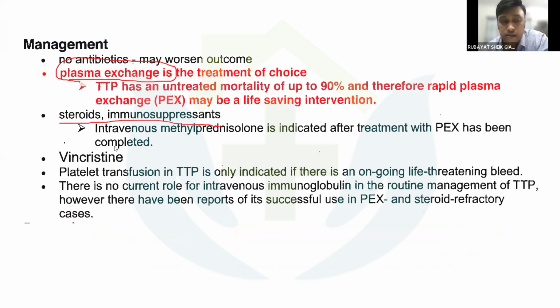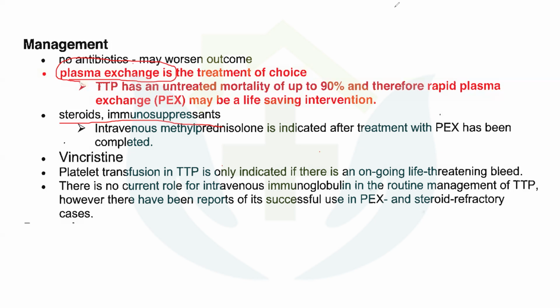Sorry, somebody wanted to say something? In TTP, there is anemia. Is it due to microangiopathy or autoimmune related? Sorry, just give me a minute. I'll be back. Just a minute. What's the reason of this anemia in TTP? I'm not clear about that.